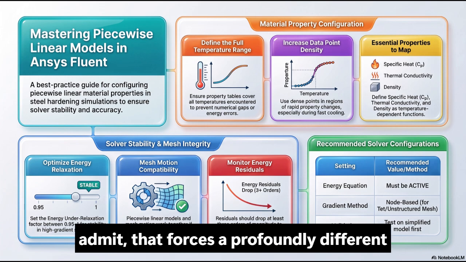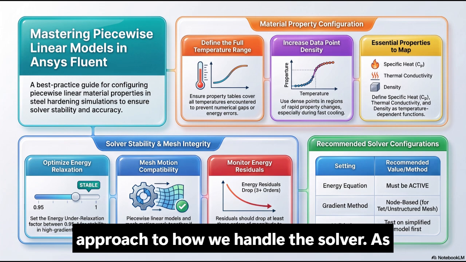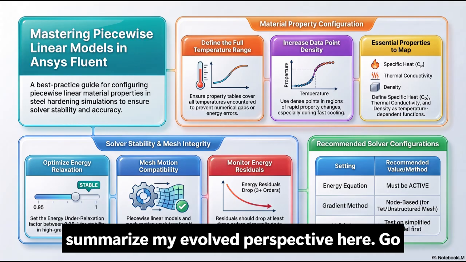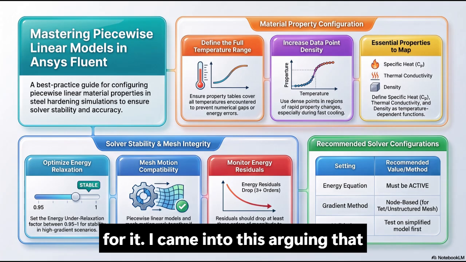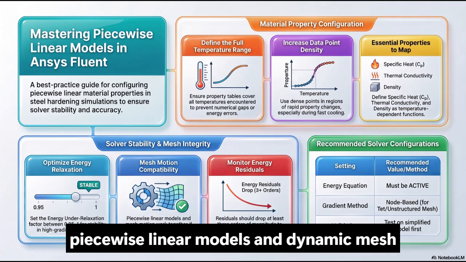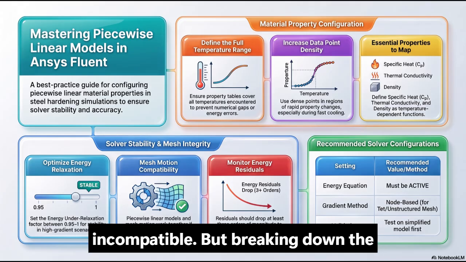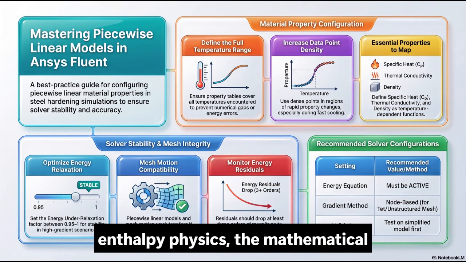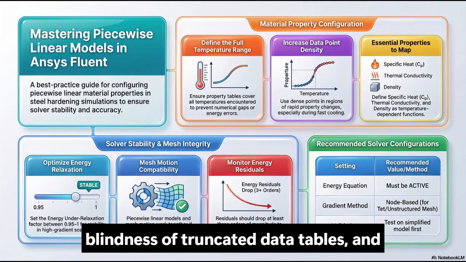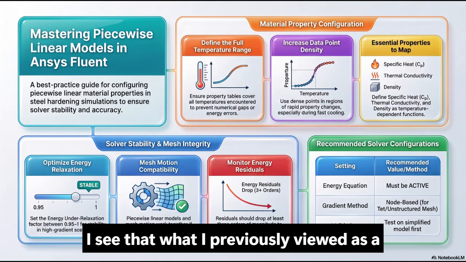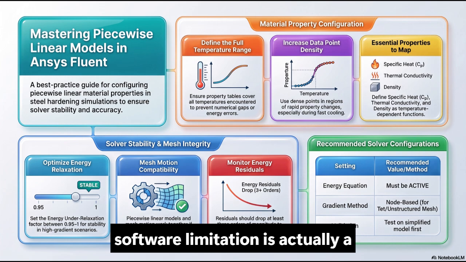I have to admit, that forces a profoundly different approach to how we handle the solver. As we wrap up this discussion, I want to summarize my evolved perspective here. Go for it. I came into this arguing that piecewise linear models and dynamic mesh motion are fundamentally structurally incompatible. But breaking down the enthalpy physics, the mathematical blindness of truncated data tables, and the geometry of centroid-based gradients, I see that what I previously viewed as a software limitation is actually a profound issue of configuration discipline.